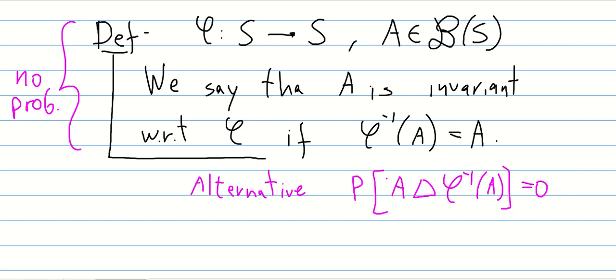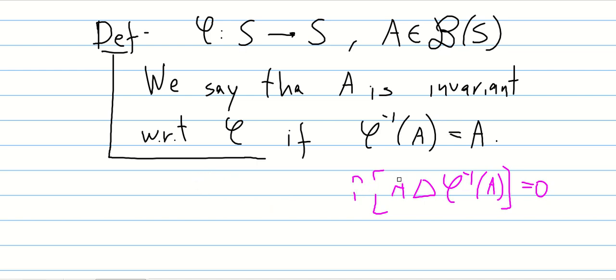So this is an alternative definition that some people use, and sometimes it's useful. But since we like the definition that doesn't have a probability, we're going to keep the black one. I'm going to forget the purple one. But it's always good to know that this is also a definition, and in some cases it makes your life easier. It's almost like almost sure invariance instead of true invariance. But we're not going to use this really.